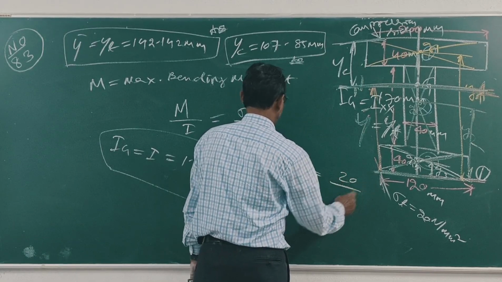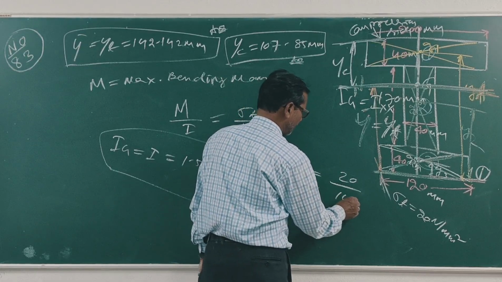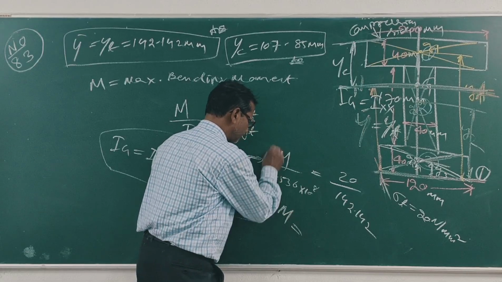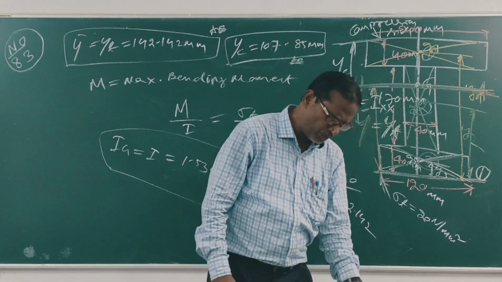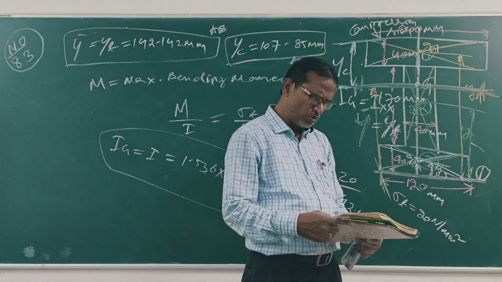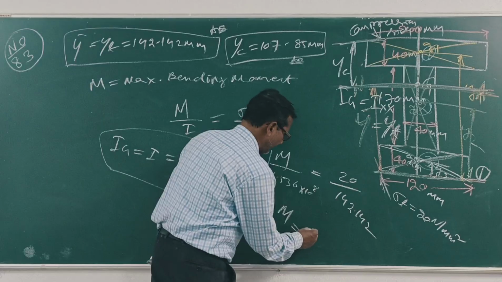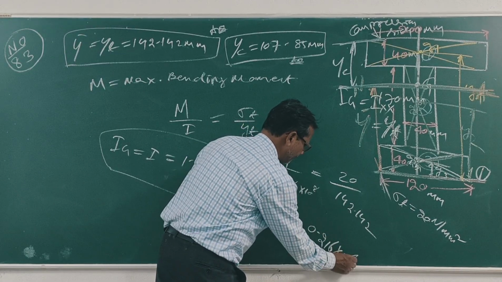What is yt? 142. Clear? M is equal to 0.216 10 to the 8 Newton mm.